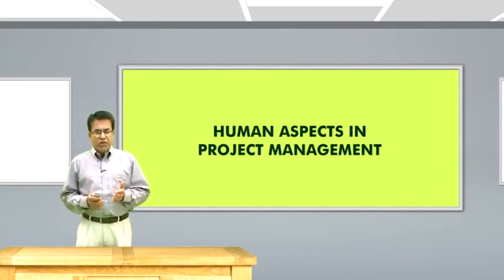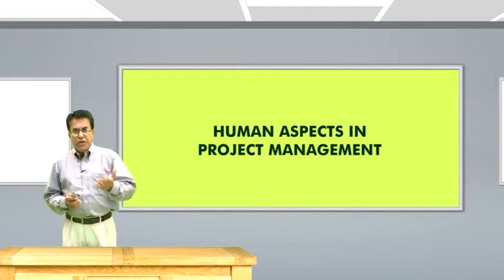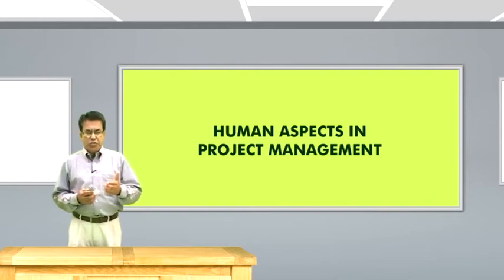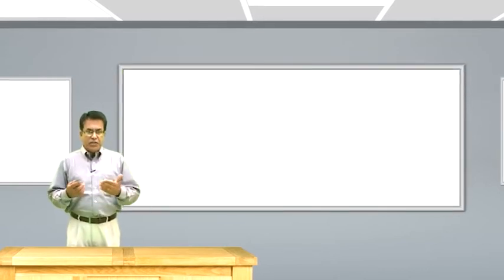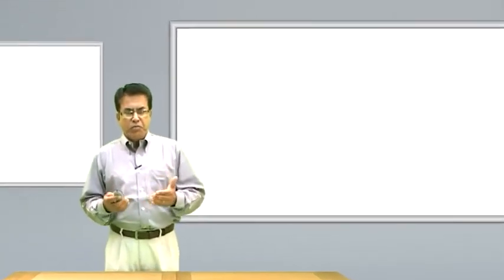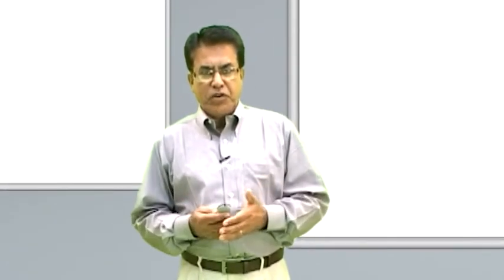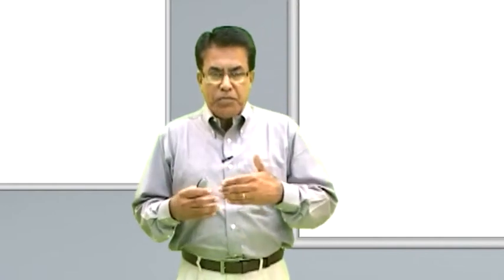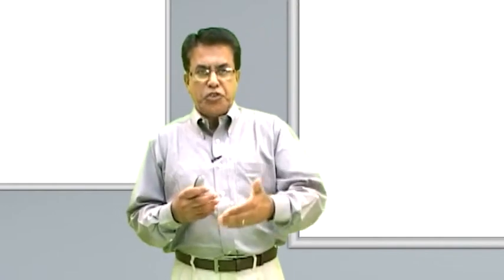But today what we are going to discuss is mainly the human aspects of project management. That is, what qualities a successful manager should possess, and what skills a good decision maker and a good manager should have. Ultimately we are also going to discuss how the project manager brings about change.